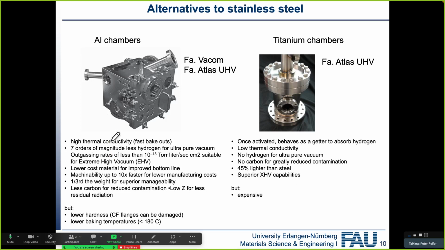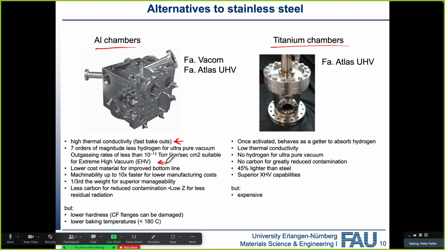Okay, so which alternatives do we have? We can use aluminium chambers, or we can use titanium chambers. The good thing about aluminium chambers is that they have a very high thermal conductivity compared to stainless steel, so it's much quicker to bake the system because everything will thermally equilibrate very quickly.